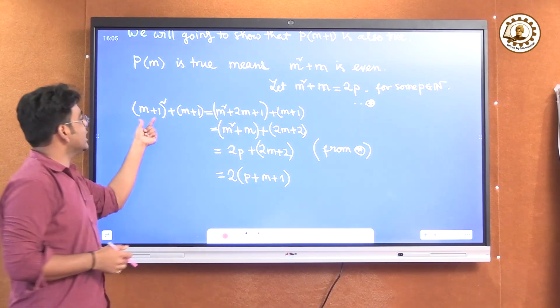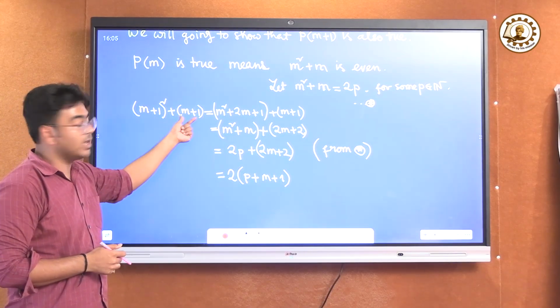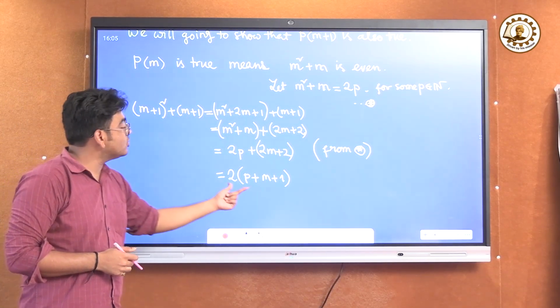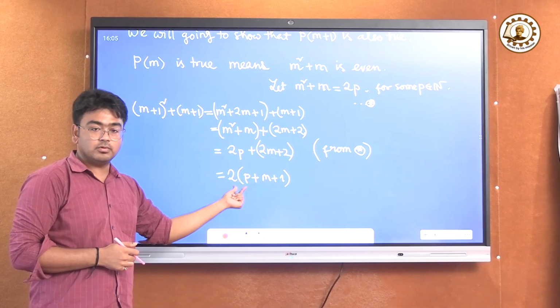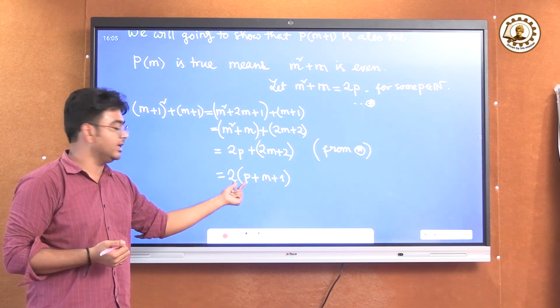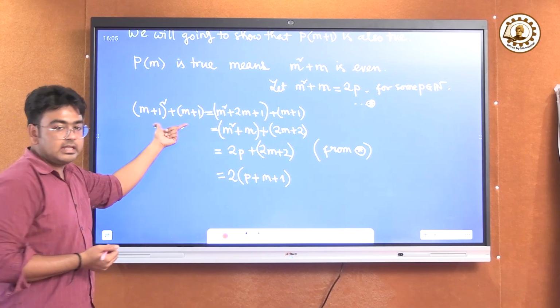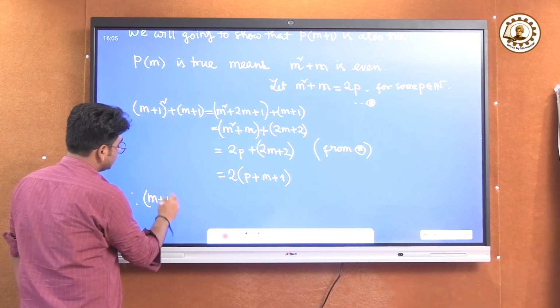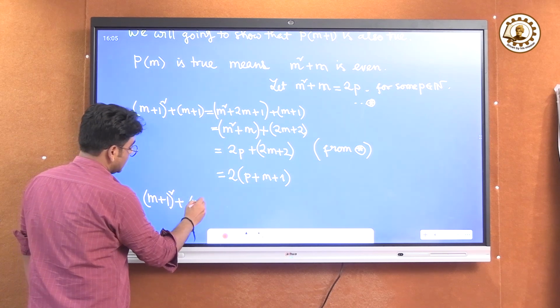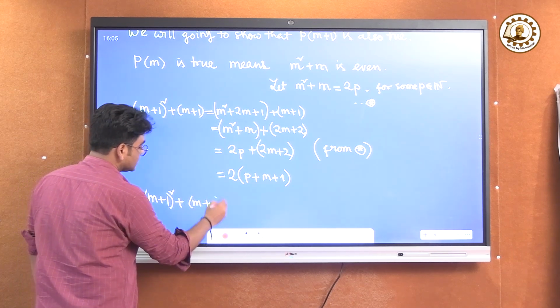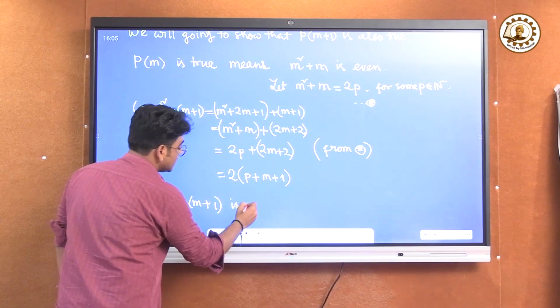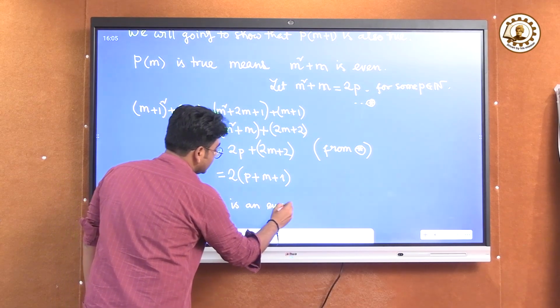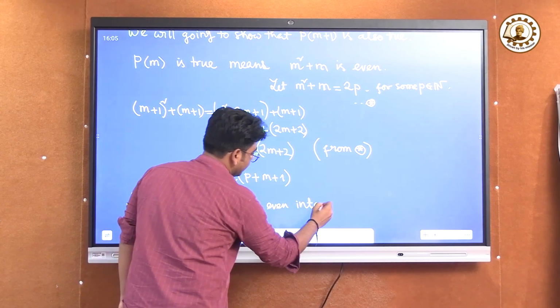So that means (m+1) square plus (m+1) is also a multiple of 2, which is equivalent to saying that this is an even integer. Hence (m+1) square plus (m+1) is an even integer.